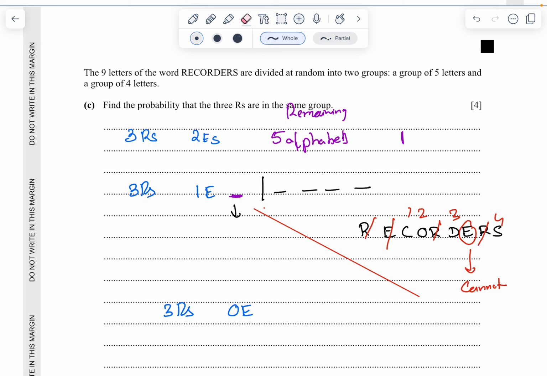This can be filled in 4C1 ways. Only one alphabet is left over, and that one alphabet can be chosen in 4C1 ways.